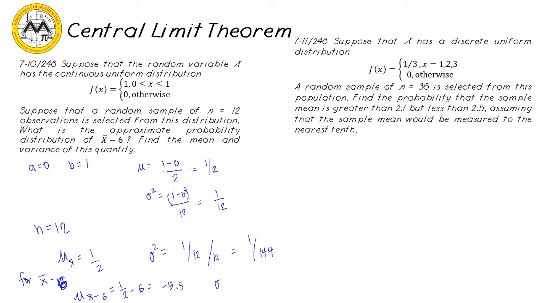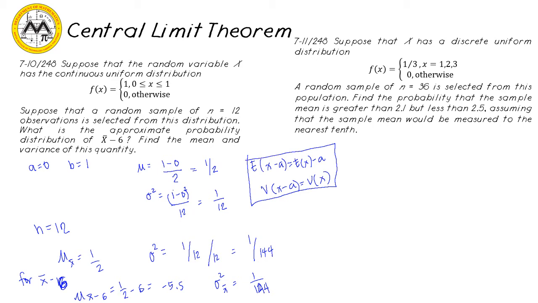While the variance of x bar is 1 over 144. We have to use the expected value of x minus a is equal to the expected value of x minus a, and the variance of x minus a is equal to the variance of x. This comes from previous discussions about expectations.